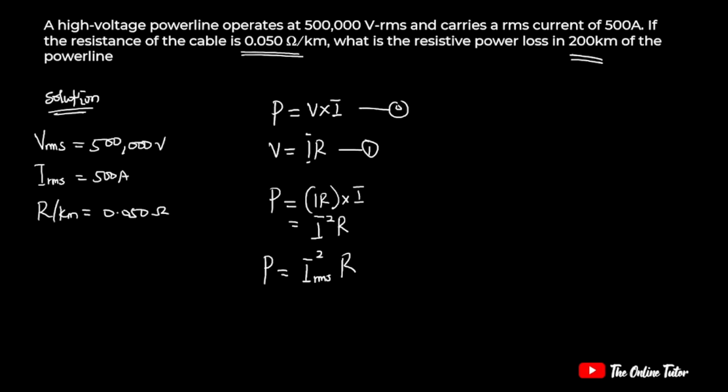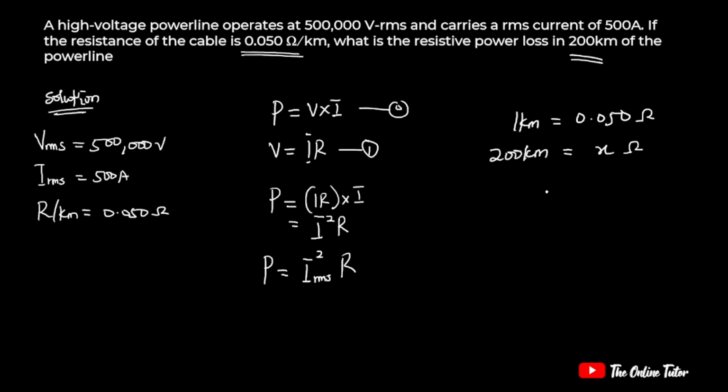Alright, let's try to find that. For this we use basic ratio to find the overall resistance. So we say that if a 1 kilometer power line has a resistance of 0.050, then a 200 kilometer power line should have, let's say, X ohms of resistance.